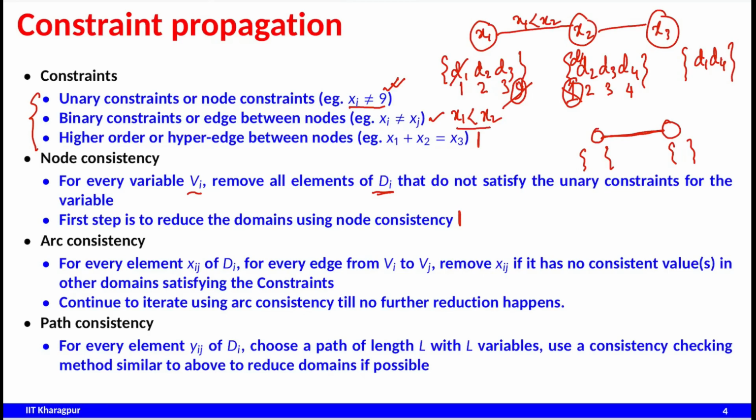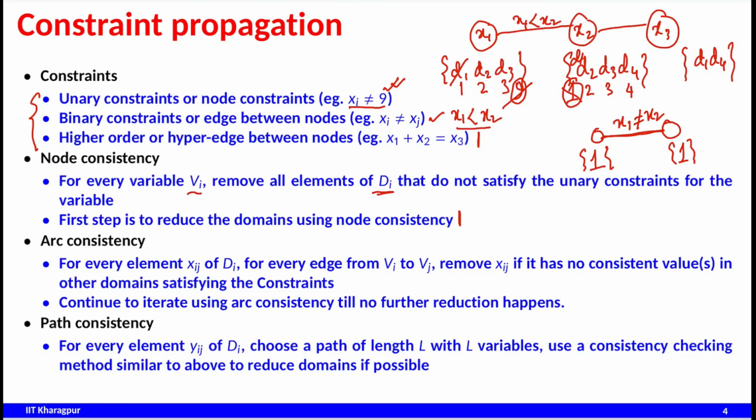Let's say this node has domain value 1, and this node has domain value 1, for the time being, and my relation expects x1 is not equal to x2. Definitely this arc is not consistent, because both of them can take only 1, and so I do not have any solution for this.